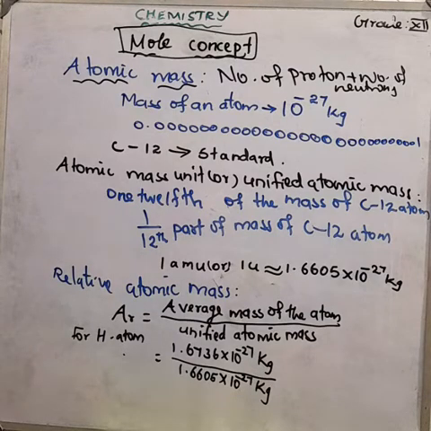But how do scientists find out the mass of an atom? Nowadays we can find out the mass of an atom by using mass spectrometry. But in the 18th and 19th century, how did scientists find out the mass of an atom?